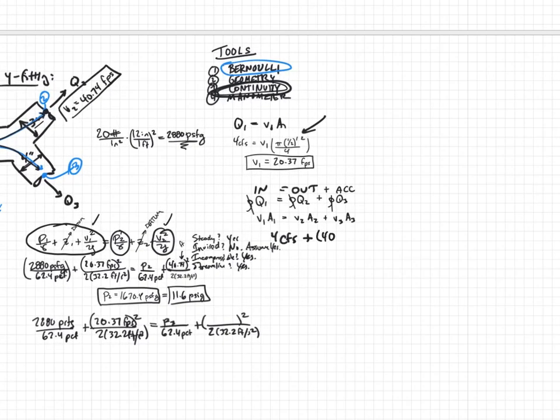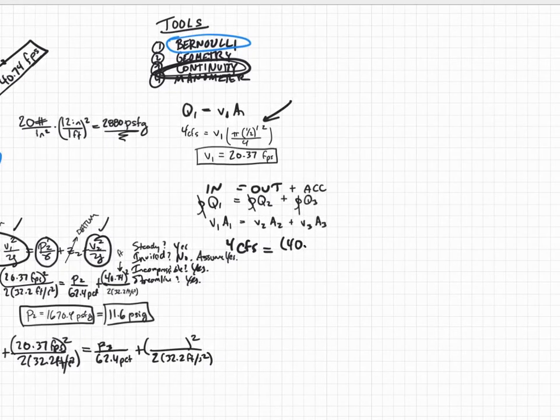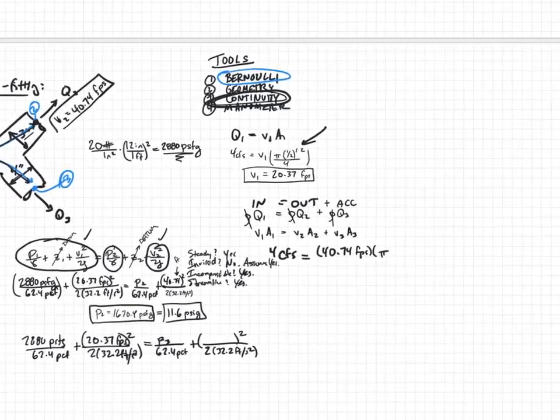Okay, V2A2. Well, V2 is 40. Oh, that needs to be an equal sign, doesn't it? Sorry, there's a child screaming at my dog downstairs. I don't know if you can hear that. Okay, equals. 40.74 feet per second times the area, which is pi times 3 inches squared.